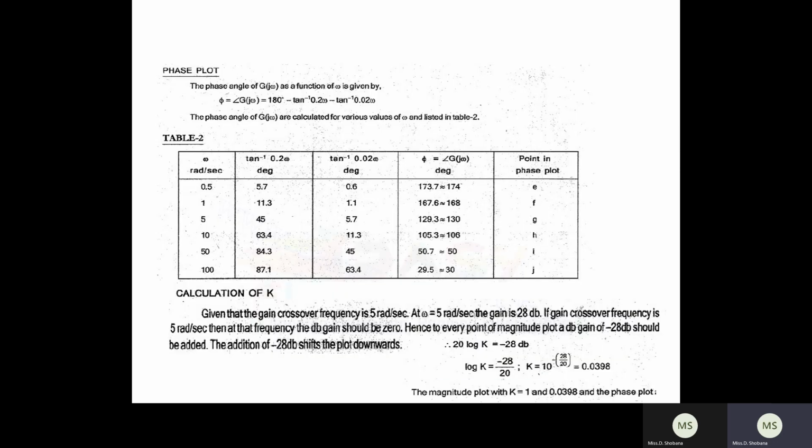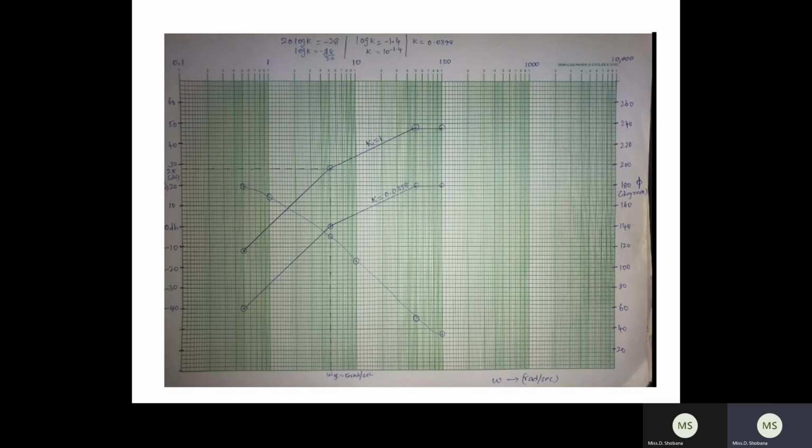In the problem, they have asked you to determine the gain k for a gain crossover frequency of 5 radian per second. Here we should know how to determine the gain crossover frequency. The gain crossover frequency is the frequency at which the system gain is 0 dB. Now go to the graph.